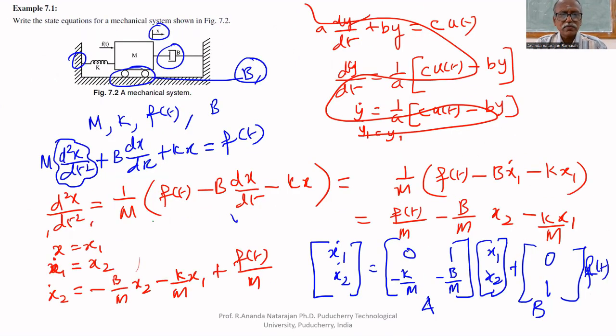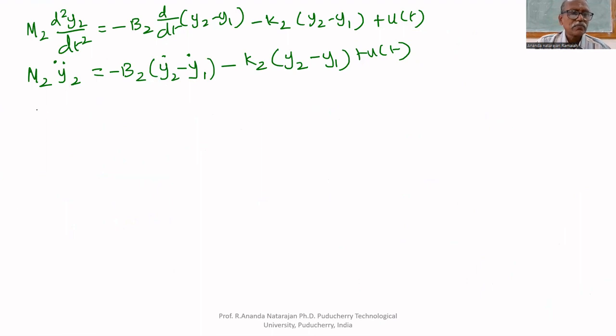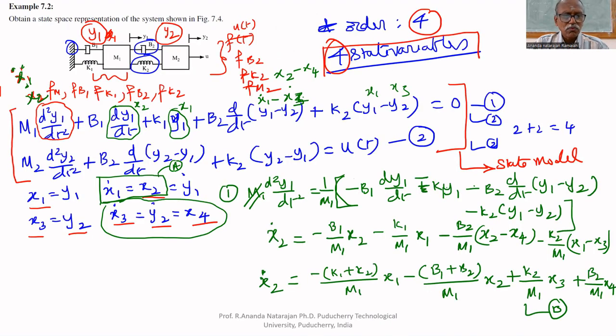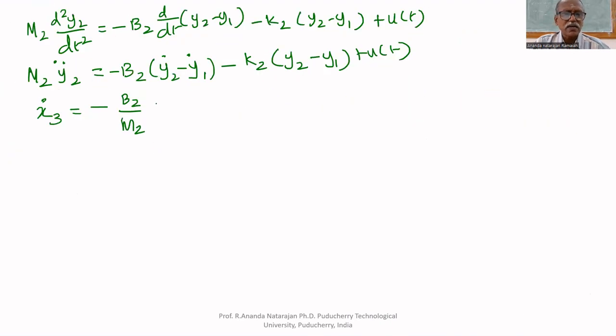Therefore, we can write x3 dot equal to minus b2 by m2, y2 dot is x4, minus b2 by m2 y1 dot, y1 equal to x1, y1 dot equal to x2, minus k2 by m2.